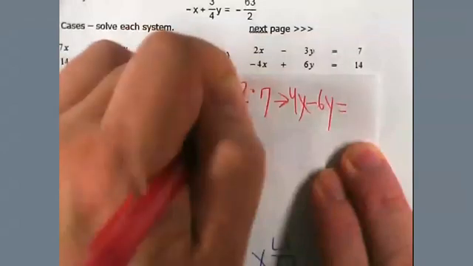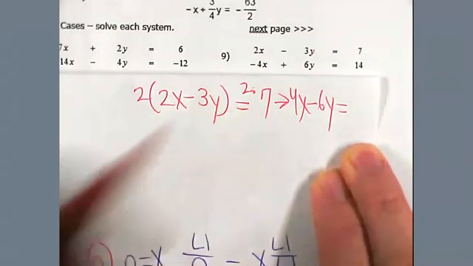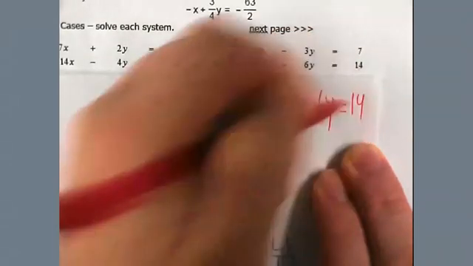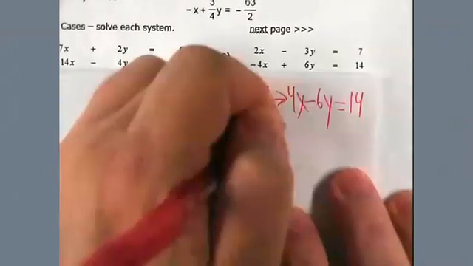And multiply the 7 also by 2, and that gives us 14 at the end. Bring down the second equation in the system.